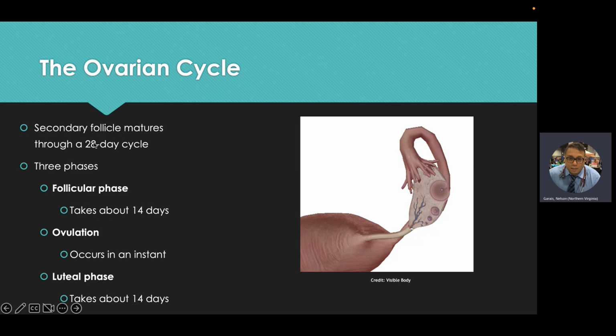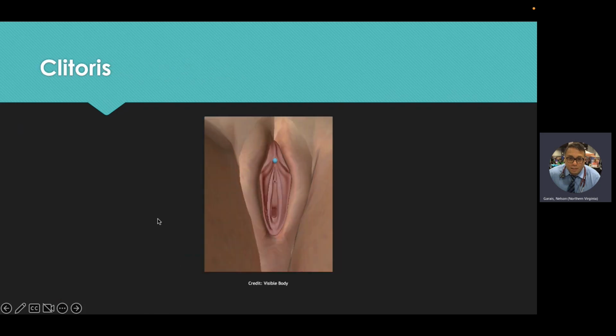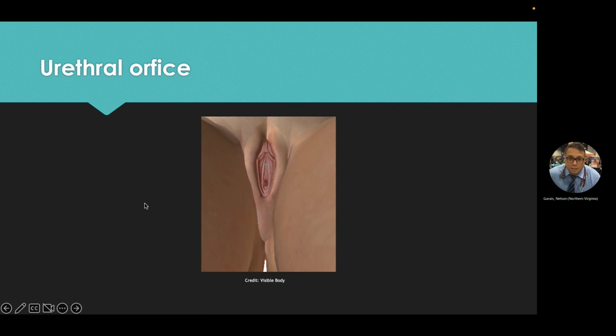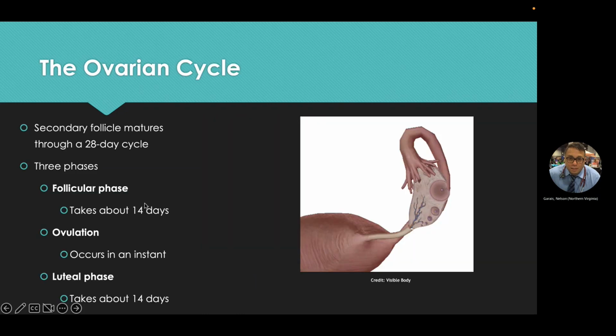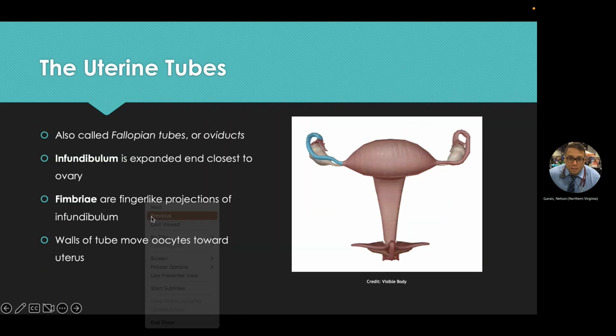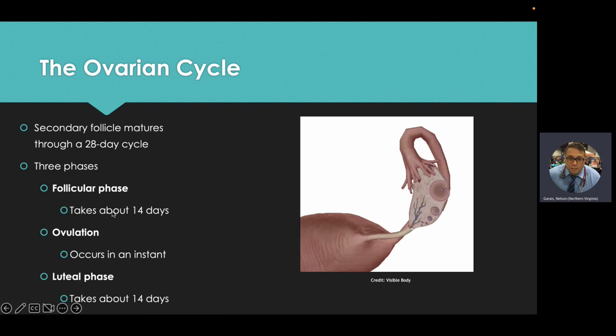So the first half of this 28-day cycle is your follicular phase. That means it's building up the follicle, and that's what this thing is. This is a mature Graafian follicle with a little egg or ovum inside it. And that is what has to develop in the follicular phase.